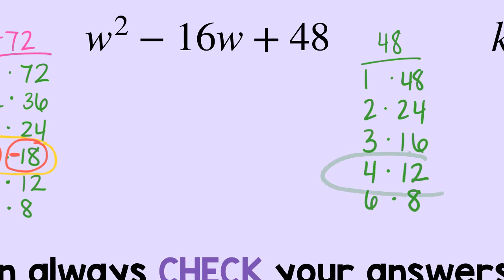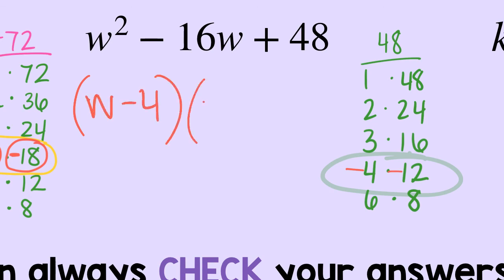Now remember, I want this to equal a -16, so I need both of these to be negative. So remember that when you multiply two negatives, that equals a positive. So -4 times -12, that equals +48, which is perfect. And if I add these two negatives, that equals -16, which is exactly what we want. So that would be our factors, W minus 4 and W minus 12.